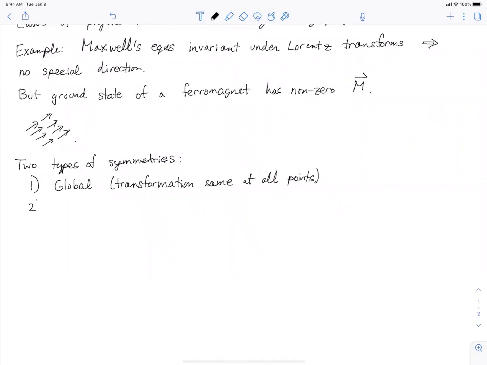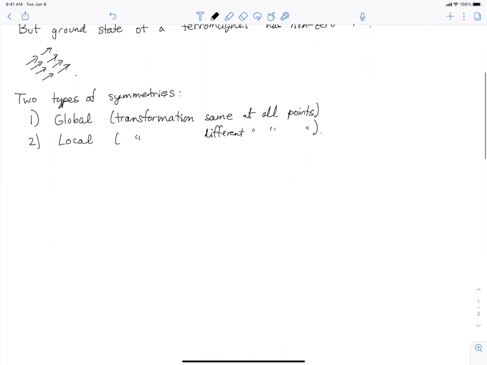And then there are local symmetries, where the transformations can be different at all points. So we're going to start with the case of a global symmetry. And in fact, it's going to be a U(1), therefore abelian, global symmetry group.